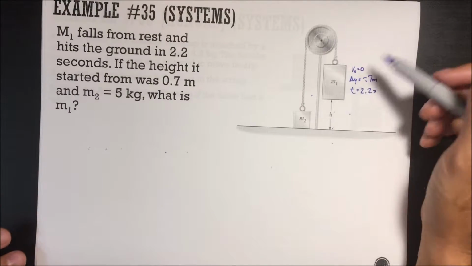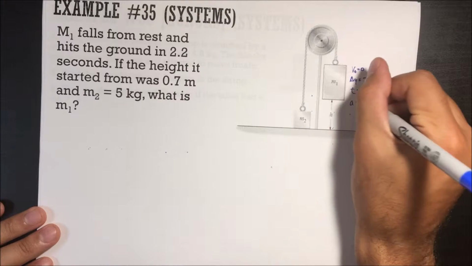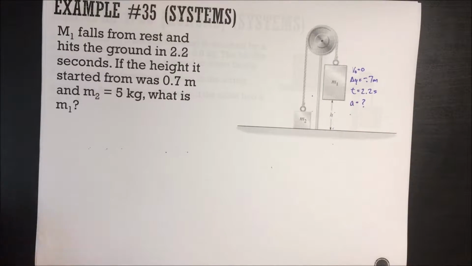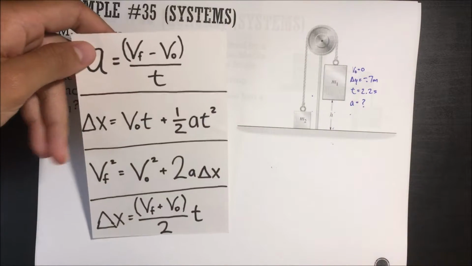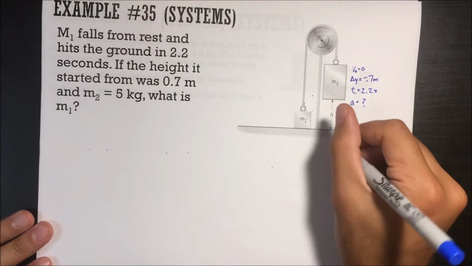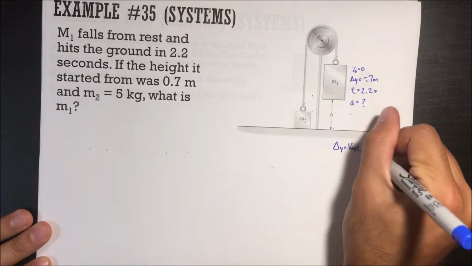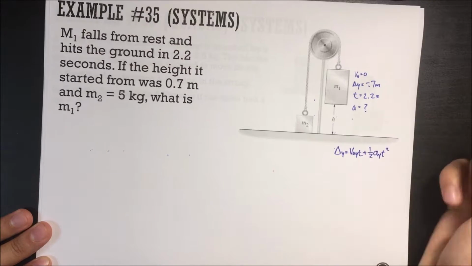So when it gives you information like this, a lot of times what it's helping you try to do is try to help you find the acceleration. So we're going to look at our formula sheet, and we're going to see this formula here allows us to find acceleration. So displacement the y equals initial velocity yt plus 1/2 ayt squared.